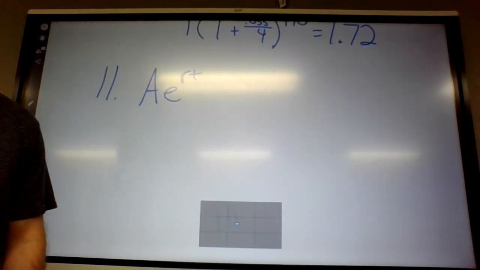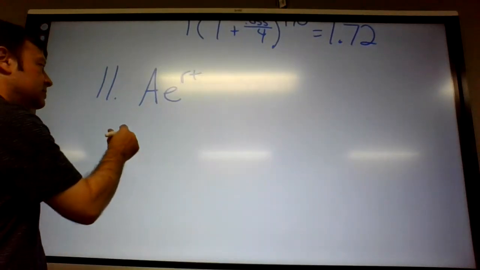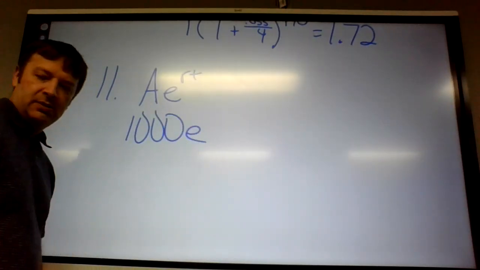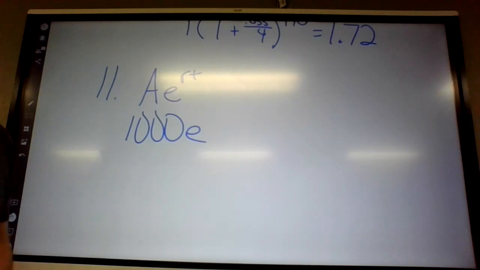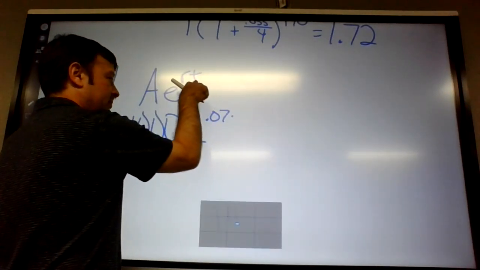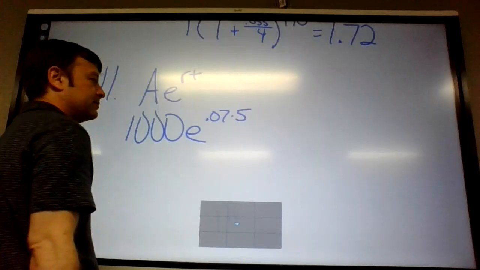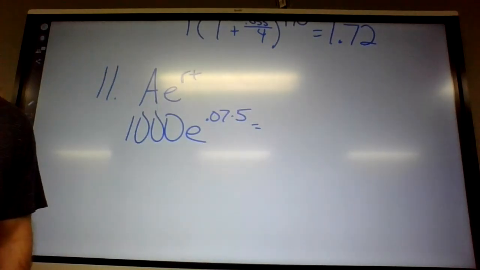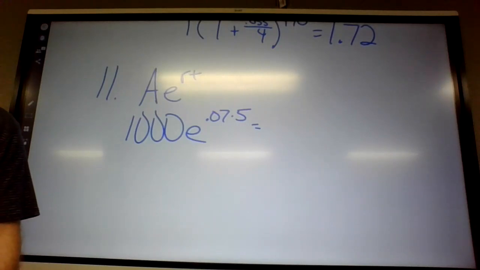So what would A be on number 11? $1,000. E would be e. R, what's the rate? 0.07, times the time, 5 years. Does it tell you where to round it? No. They rounded it to the nearest penny, like a normal human being.